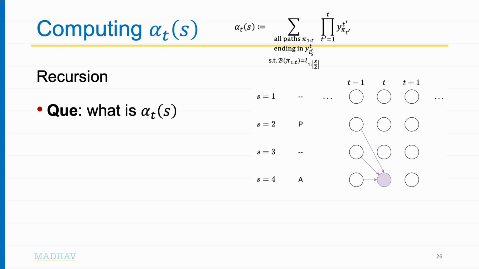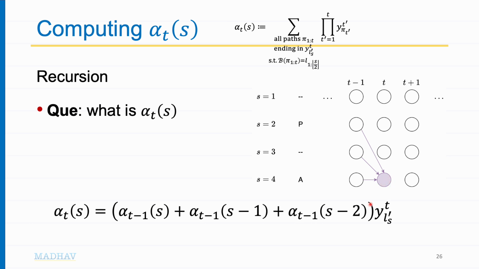So tell me what is alpha st. If you know values of alpha at this layer, at t minus 1, what is the value of alpha at this layer, let's say at this node? Very good.